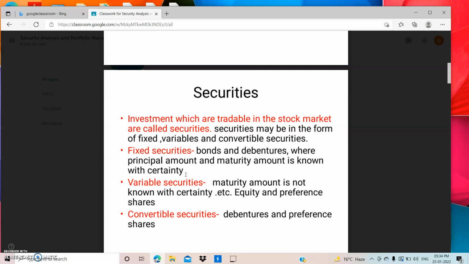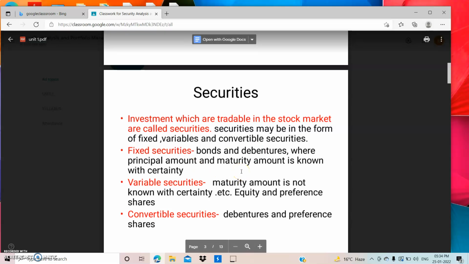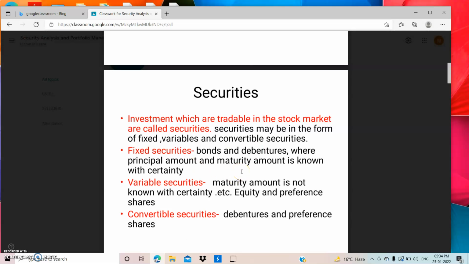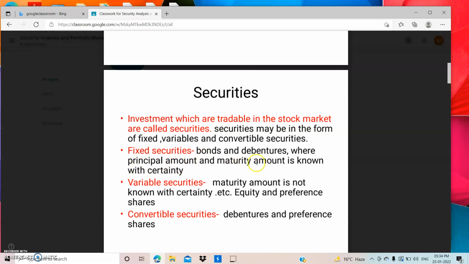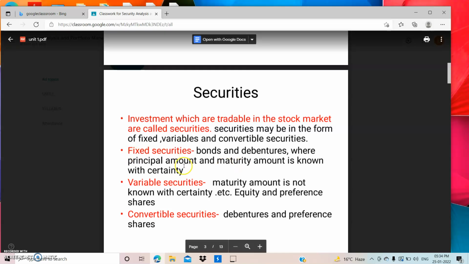It has a fixed maturity period, say 10 years or 20 years, and a fixed rate of interest, right? So any security with a principal amount and a fixed maturity period is considered a fixed security.